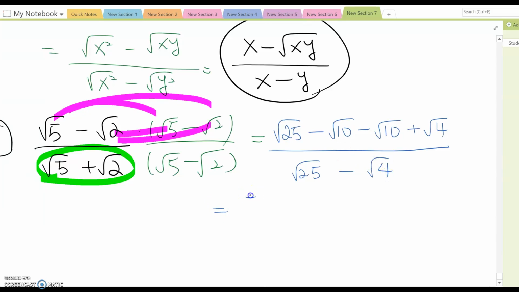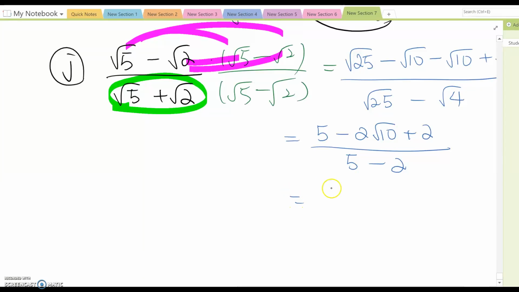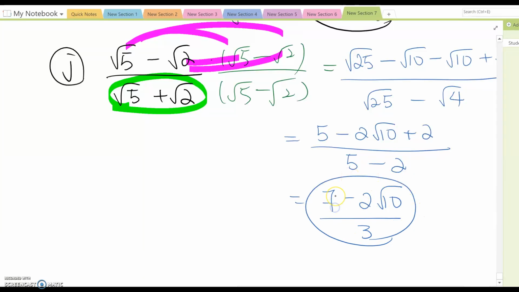Then this becomes 5 minus 2 root 10 plus 2 over 5 minus 2. So this becomes 7 minus 2 root 10 over 3. That will be the answer for this problem.